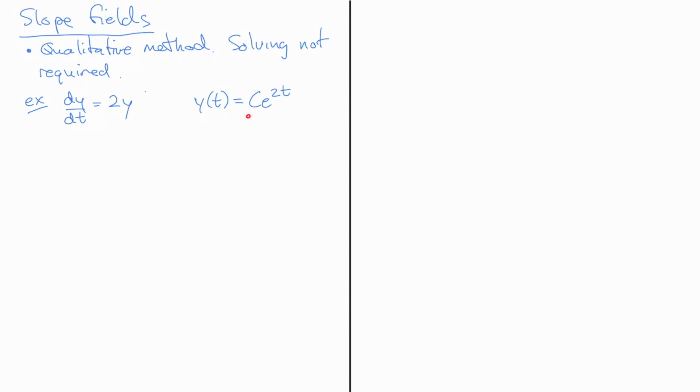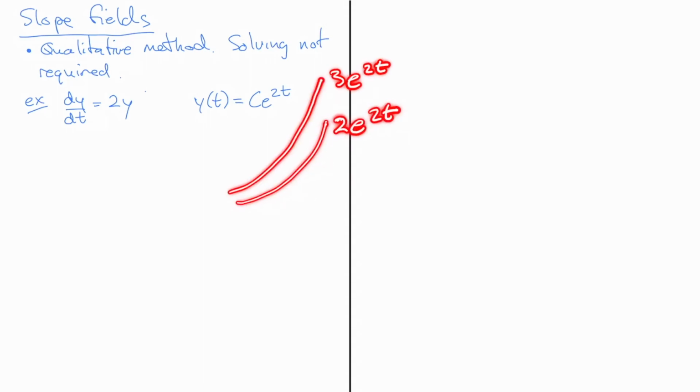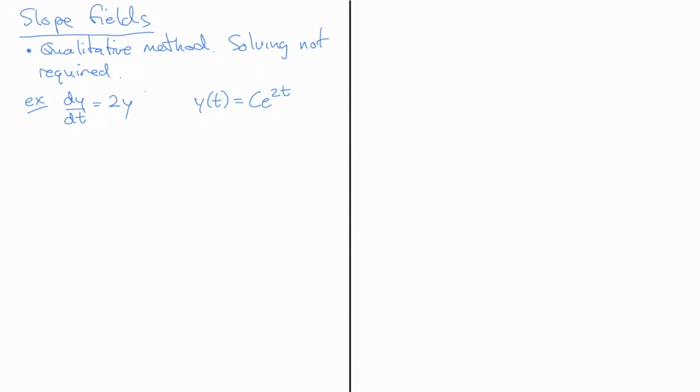This expression makes it seem like all of the solutions are basically e to the t, and so you have curves like this, but this one might have a c value of 2, 2e to the t, and another one might have 3e to the t. And it looks like all these solutions are related by being vertically scaled versions of one another. So that's one way of seeing an exponential function.